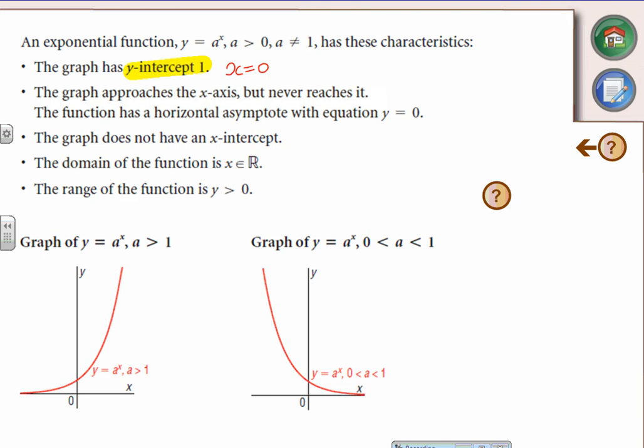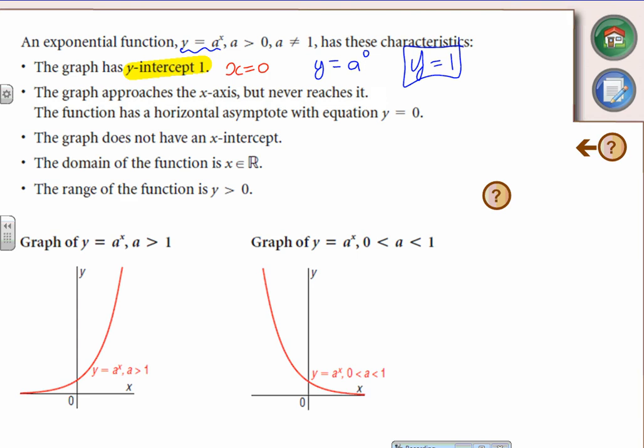So let's plug in a 0 there. Then we've got y equals a to the 0. Anything to the exponent of 0 is 1. So y equals 1. So every single time it's of this form, when x is 0, y is going to equal 1, and that means the y-intercept is at 1.